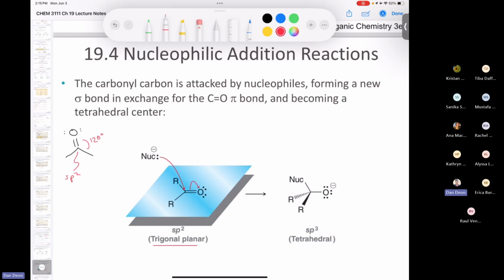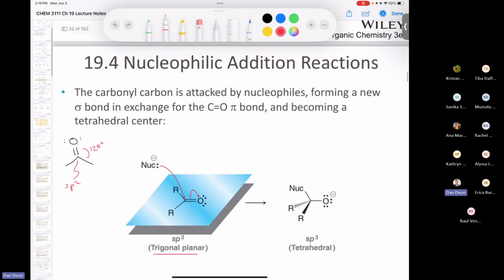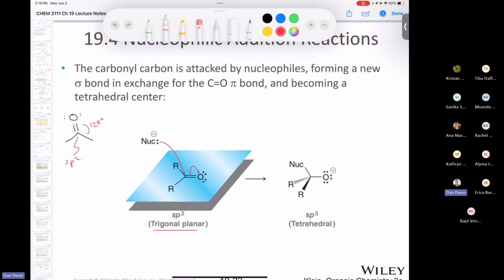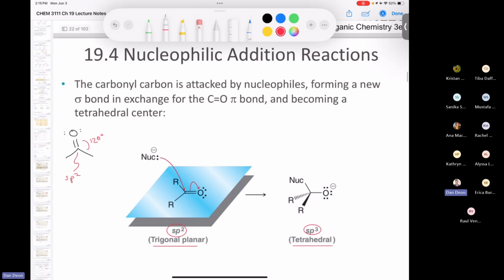It's not really going to discriminate because it's flat anyway. But when the nucleophile attacks, you can see that what we produce is something that's tetrahedral. So we not only change the hybridization of the carbon as it goes from sp2 to sp3, but we also change its molecular geometry as it goes from trigonal planar to tetrahedral. So that's going to be another huge component of what we see when we look at these nucleophilic addition reactions.